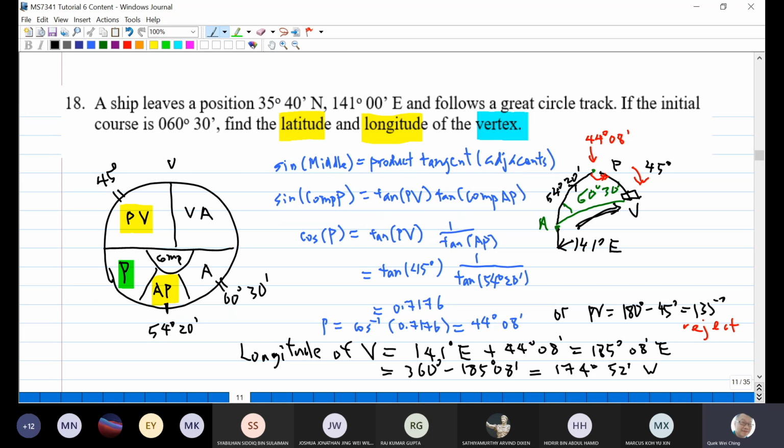Okay, you find out the longitude is now 185. Of course, it cannot be 185, right? So how much actually goes to the west already? It's 174 degrees 52 minutes west here. So this is how you get the longitude here.